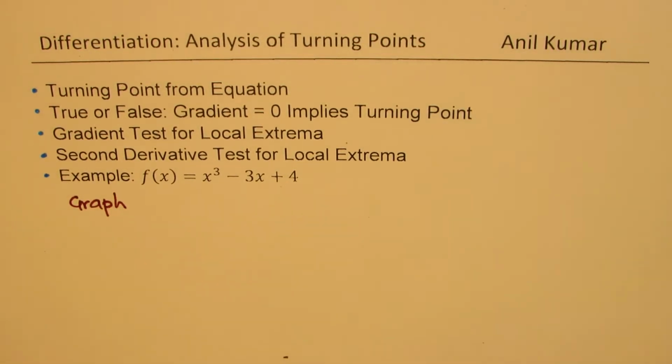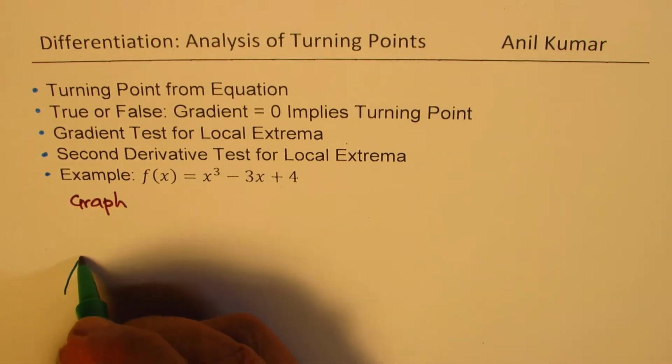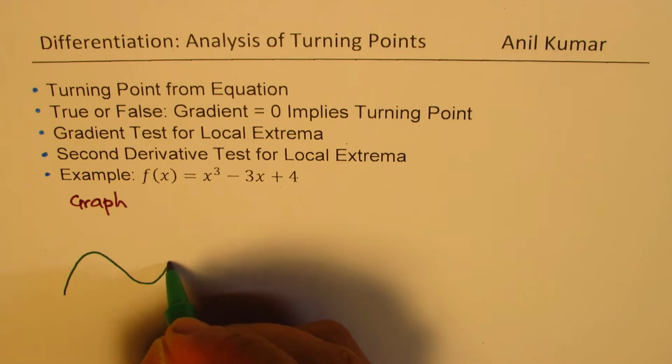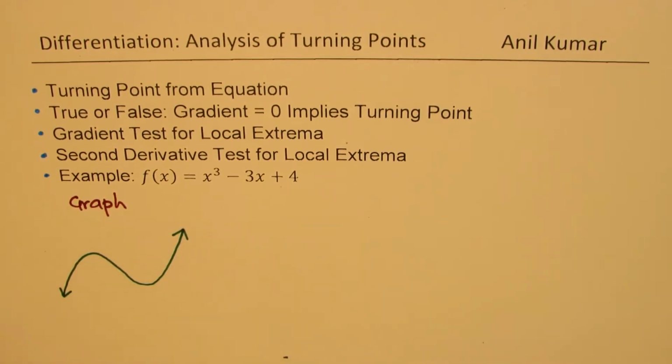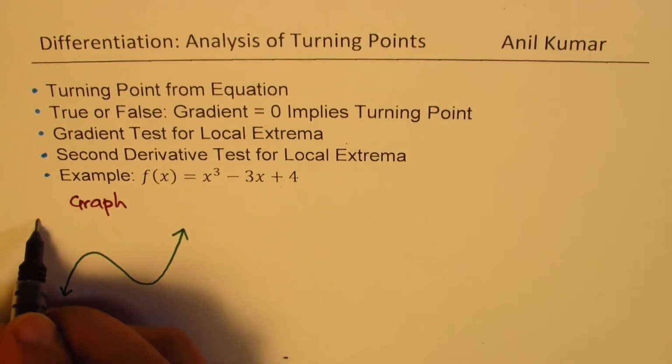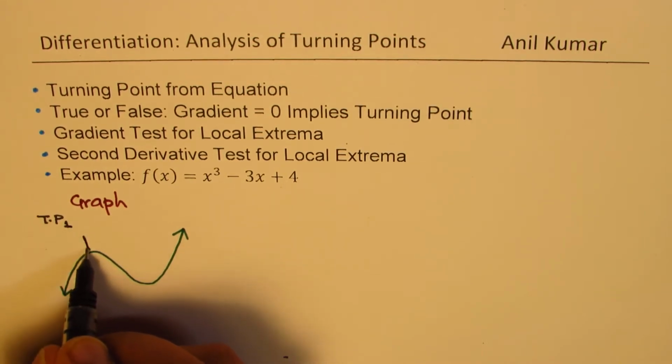Now, from a graph, it is very easy to figure out the turning points, right? Let's say this is the graph given to us. From here, we know very clearly that we have two turning points. So here we have a turning point, let's say turning point 1. That is one turning point.